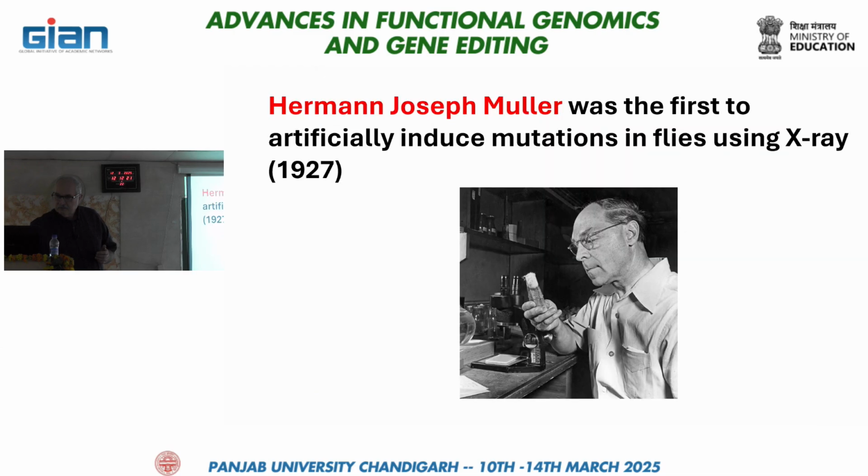The first person to use mutagenesis, Hermann Josef Müller, was the first to artificially induce mutation in flies using X-rays. And it was in 1927, so this was 100 years ago. That's amazing that he did this kind of experiment.